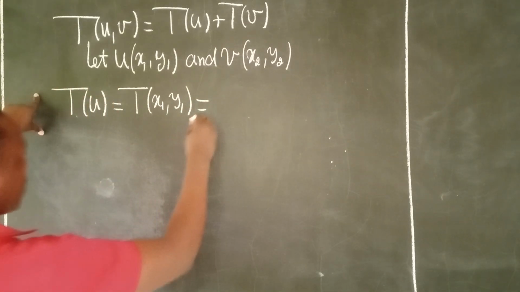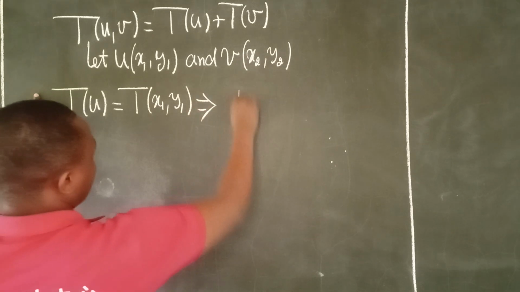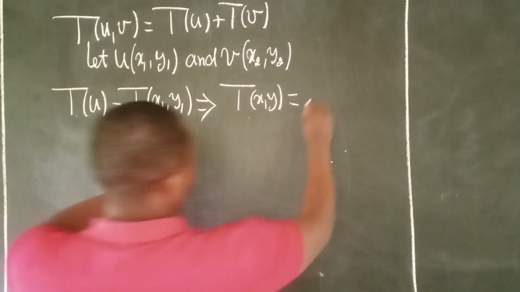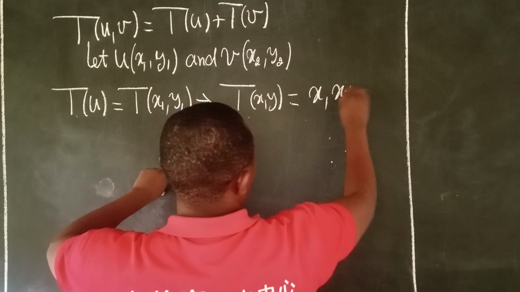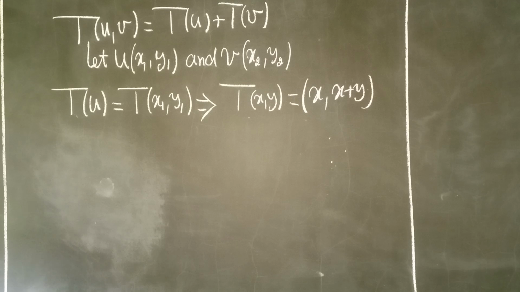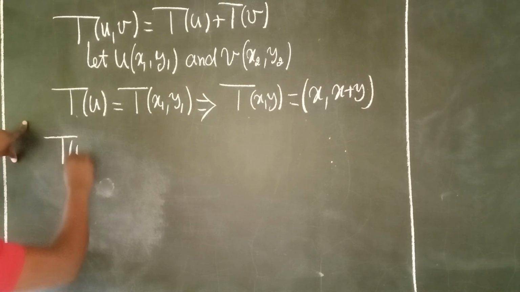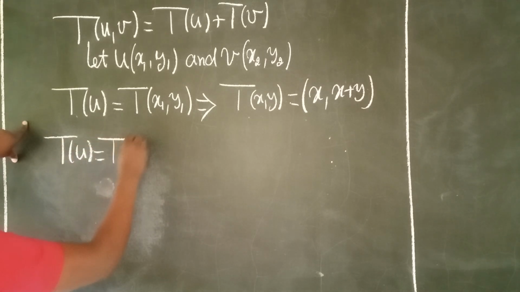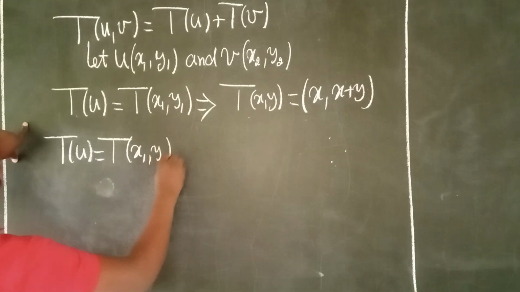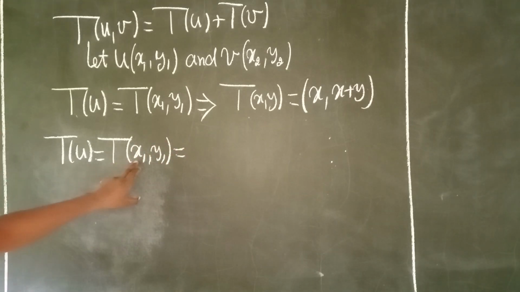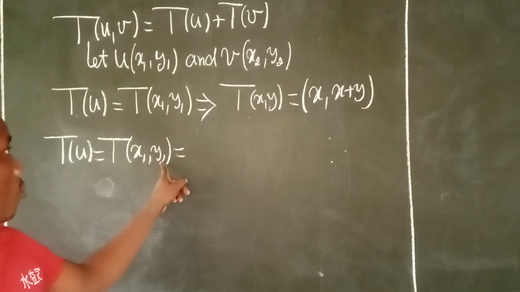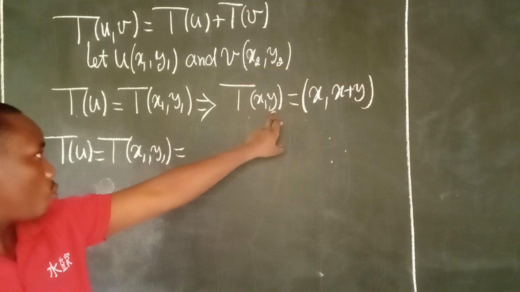In our transformation, remember we have T(x, y), which is (x, x + y). So T(u) = T(x1, y1), where x1 is in place of x and y1 in place of y.